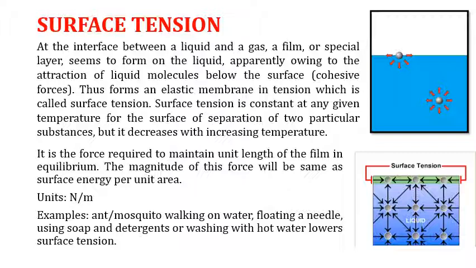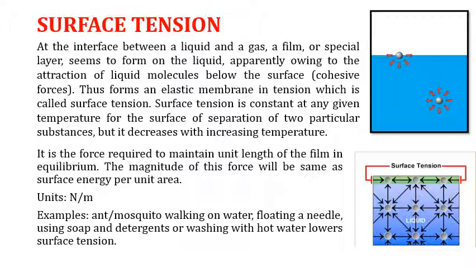So what happens is, at the interface between a liquid and a gas, a film or a special layer seems to form on the liquid, apparently owing to the attraction of liquid molecules below the surface, that is, cohesive forces.